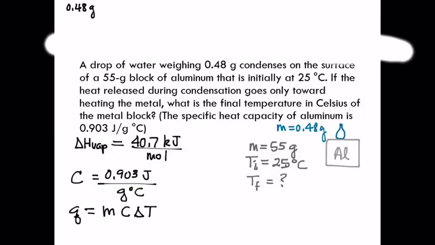Otherwise, I might choose kilojoules, but I'm going to use joules. So I've got this guy. This is kilojoules per mole. So if I converted grams to moles, I could use that to convert to kilojoules, and then convert to joules.